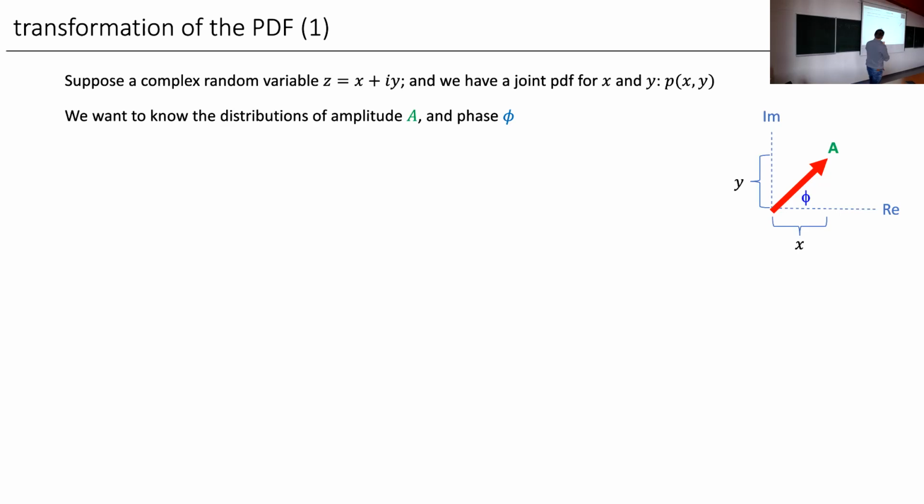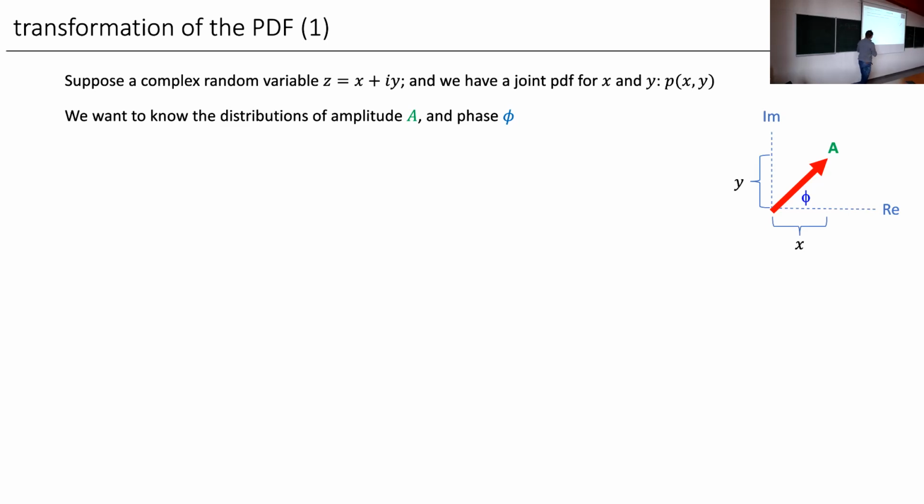Now suppose that we have a random variable z in the complex plane. In this case, it represents some part of this electric field in the measurement. We have a joint probability density function for x and y, just for the coordinates of this vector in x and y.